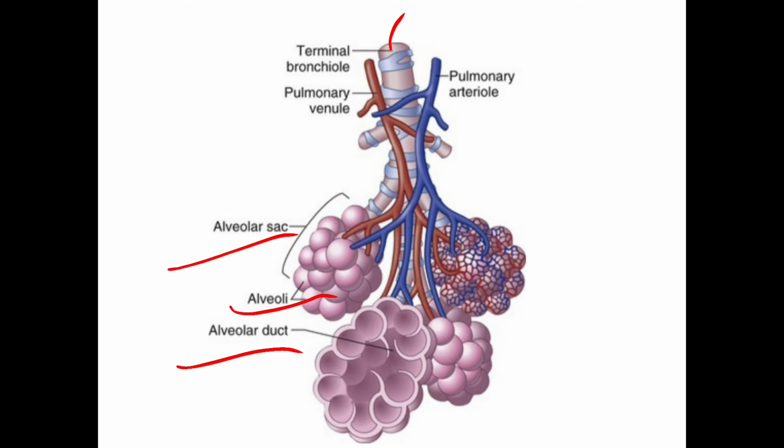Our alveoli is abundantly lined with the arteries and veins. When a bowl is covered with a net, how it looks, in the same manner our alveolar sac also looks the same.